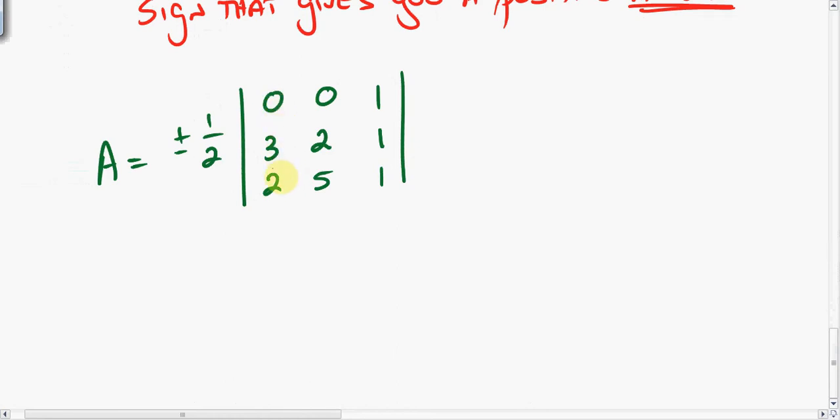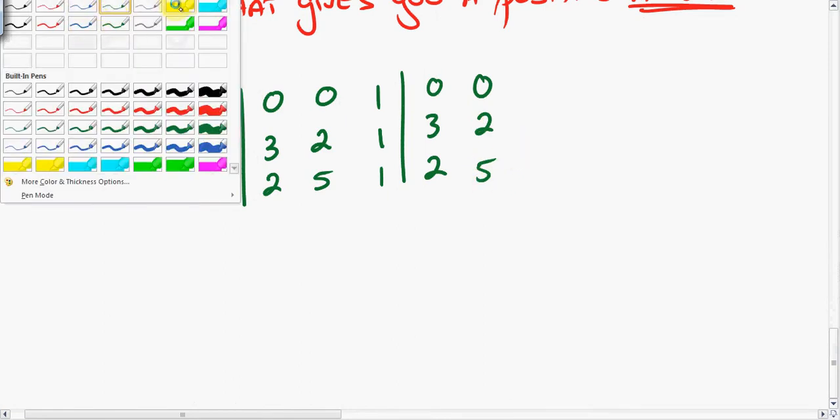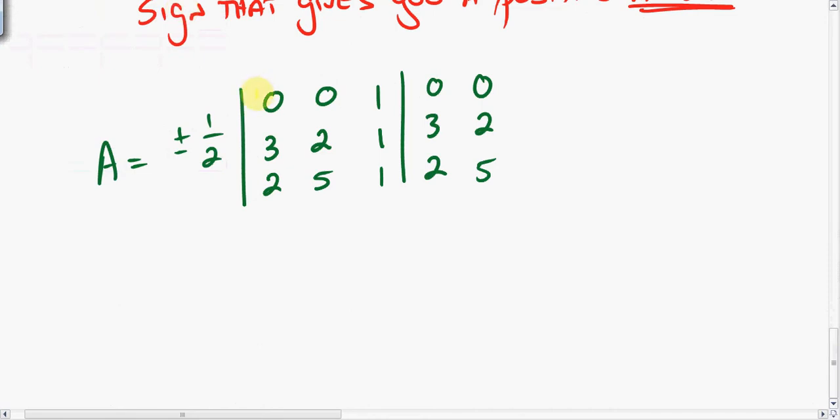So going back to the last video, we know we have to recopy the first two columns. So I've got 0, 3, 2, 0, 2, 5. And we're going to find this determinant by hand. So it's the product of the first diagonal added to the product of the second diagonal added to the product of the third diagonal.